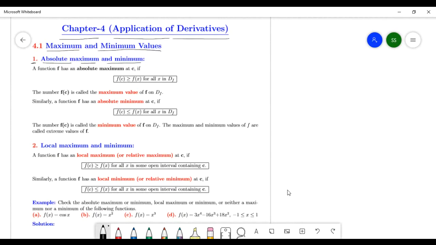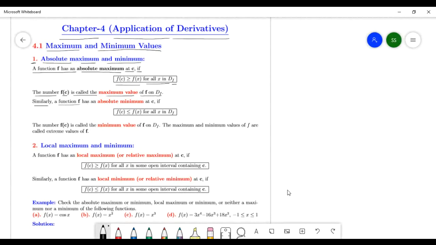See the definition. A function f has an absolute maximum at this point c if f of c is greater than or equal to f of x for all x in the domain of f. Okay. The number f of c is called the maximum value of function f on the domain of f.